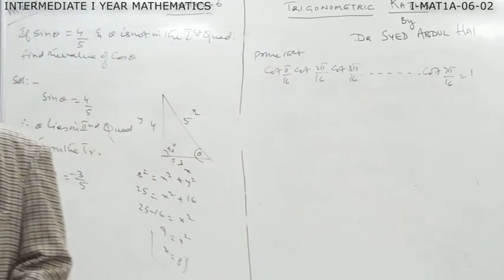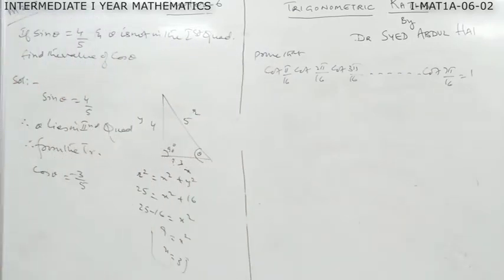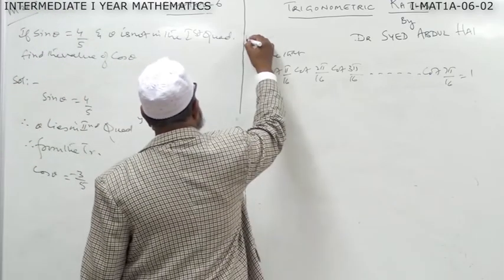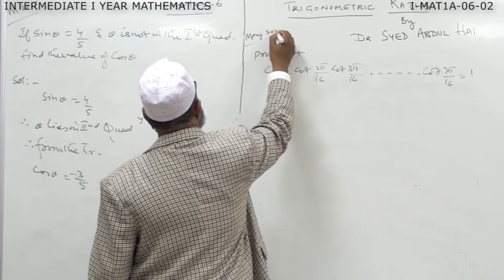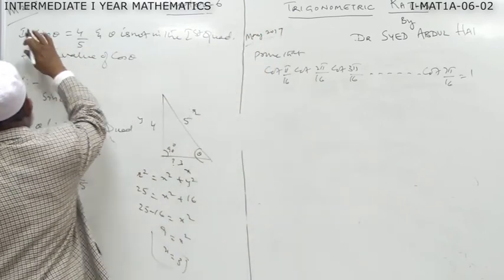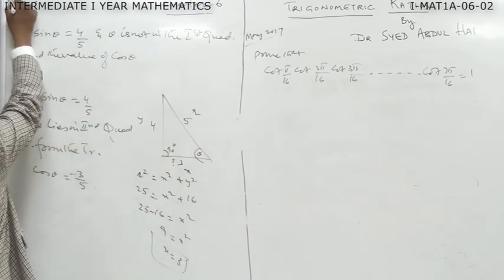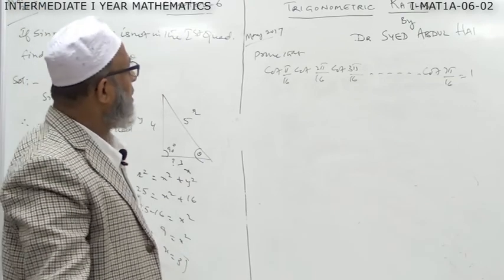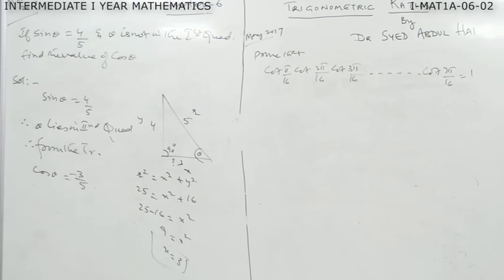This question was also asked in the previous examination, in March and May 2017, for 2 marks. Cot pi by 16, cot 2 pi by 16, cot 3 pi by 16, and so on, cot 7 pi by 16.